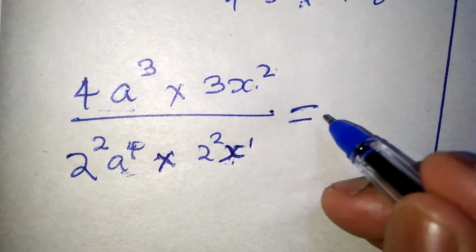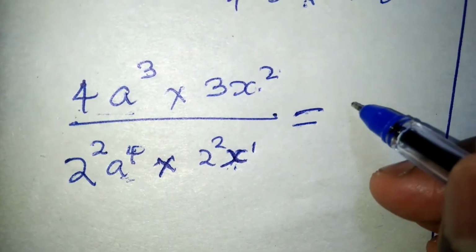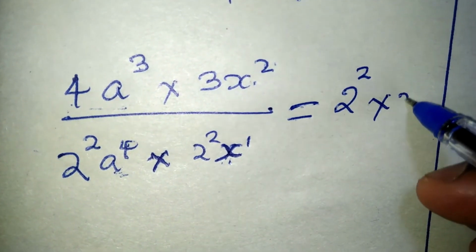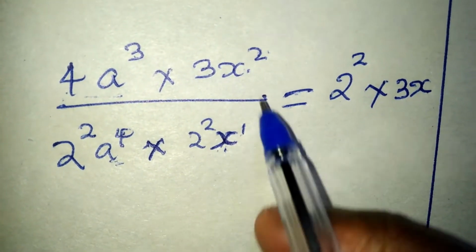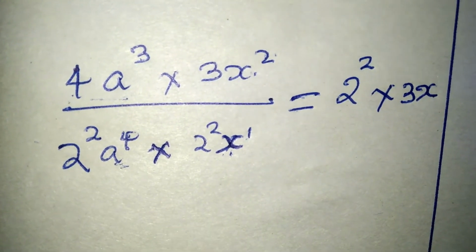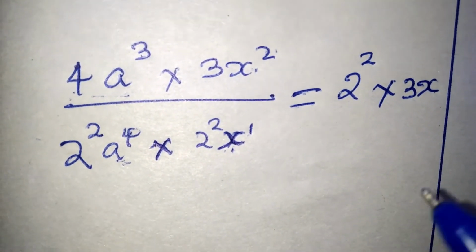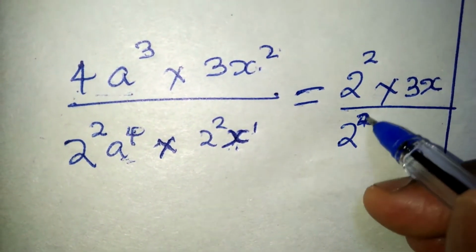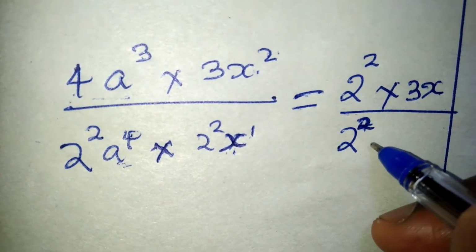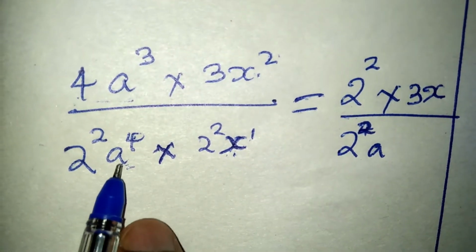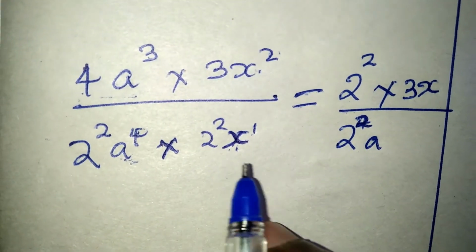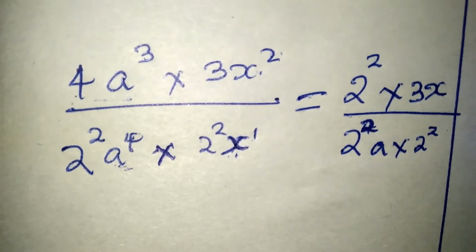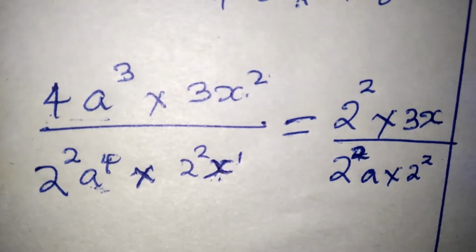So we can start by doing that, and we write 4 in terms of 2. So 4 becomes 2 squared, and we multiply by 3x. 1x has been taken away through subtraction of powers, and then the denominator we have 2 raised to 4, 2 raised to 2, and then again here we only have 1a left in the denominator, and at this point here we have times 2 raised to 2, there is no x.